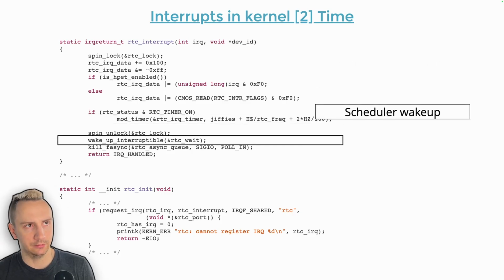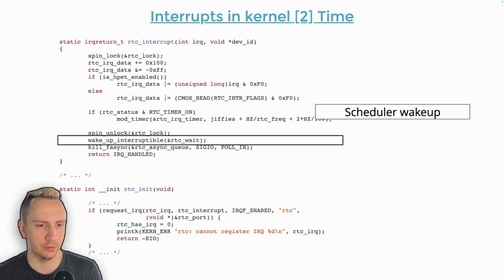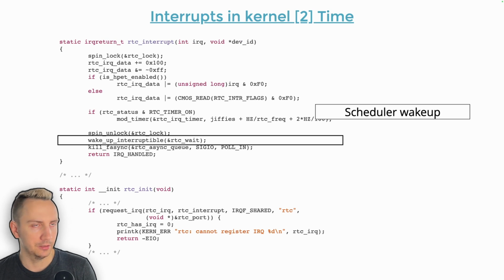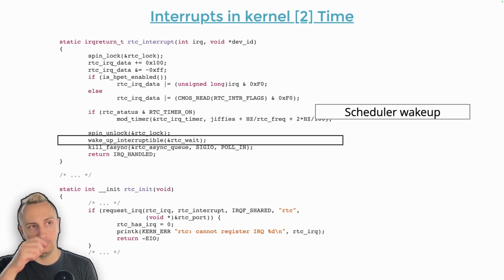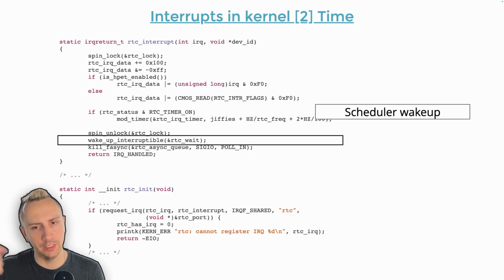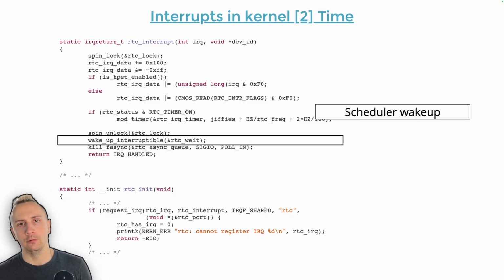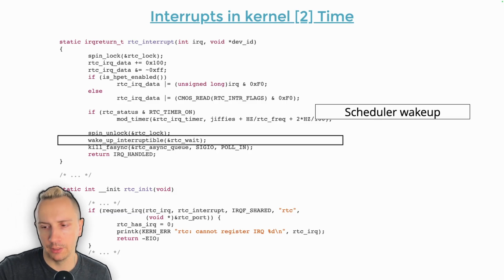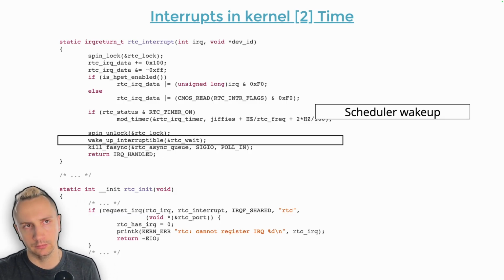And we can see here a reference to our previous lectures again. The scheduler wake up. As you remember, the threads, the tasks in the kernel, are rotated on the CPU cores with a certain period. Like when one thread was working too long, then it will be removed from the CPU core and another thread will be placed on it and will get executed.